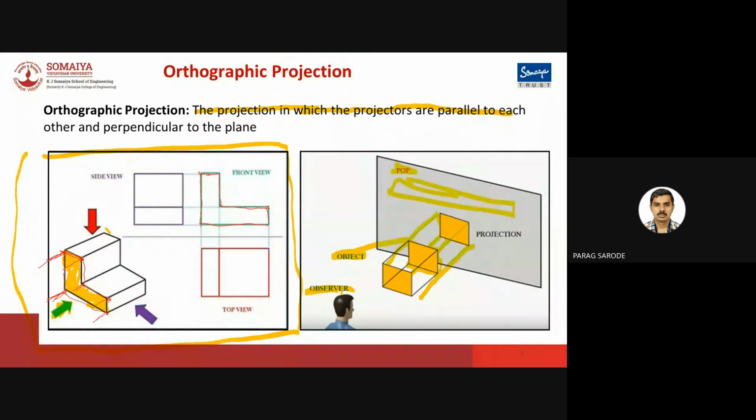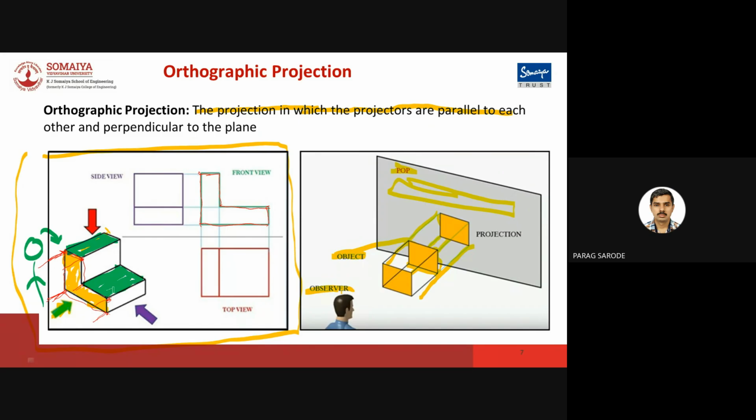Now, for obtaining the top view, the observer has to move from the same direction, but to the top of the object. How will it be seen from the top of the object? Like this. The observer will see the pink colored part, wherever the observer is standing but looking from the top. This is the part of the object that will be obtained from the top.